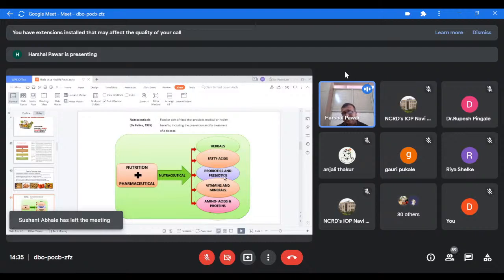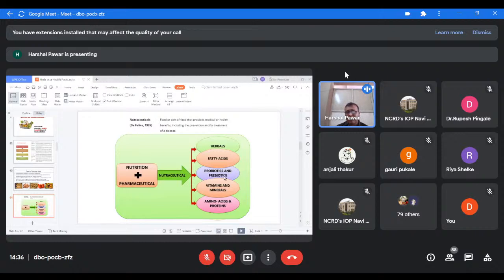And especially when a doctor or physician is prescribing the antibiotics or other antimicrobial drugs, at that time, many a times if you'll see, physicians are providing you probiotics, prebiotics, or even a combination of these probiotics and prebiotics.